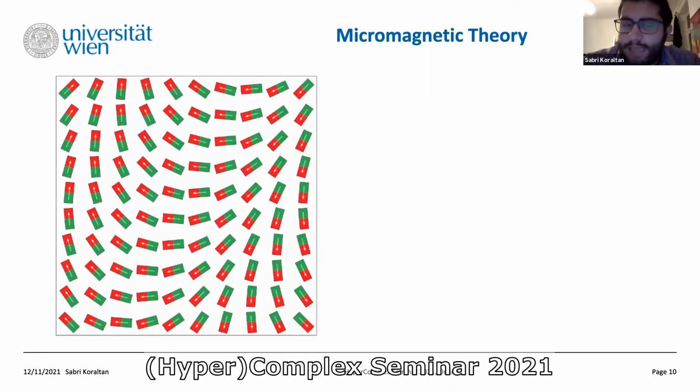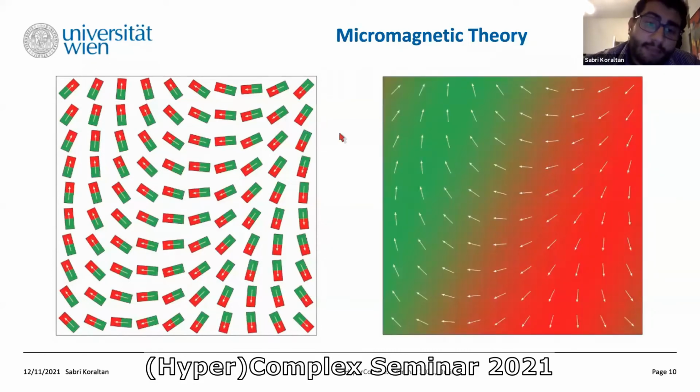In reality, we have small magnets, let's say. So we have the magnetic moments, which of course are discrete. We usually have a crystal lattice in magnets, and each site has a magnetic moment. So it's a discrete space. In micromagnetic theory, we take this discrete space and use a continuous space instead.